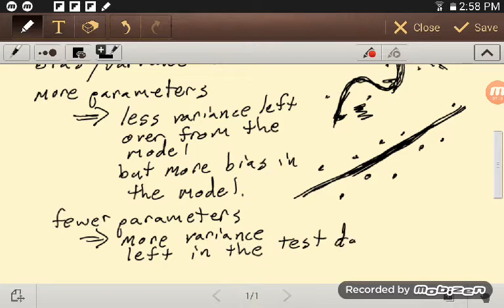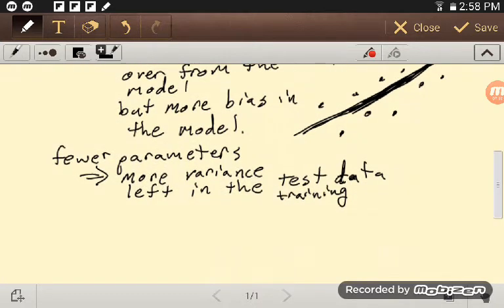This is the data you're working with. We'll call it the test data or the training data. Okay, but there's less bias in the model. So it's always a trade-off.